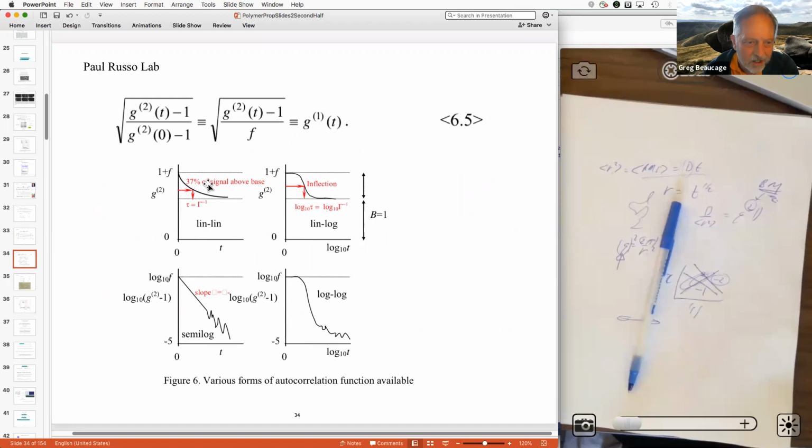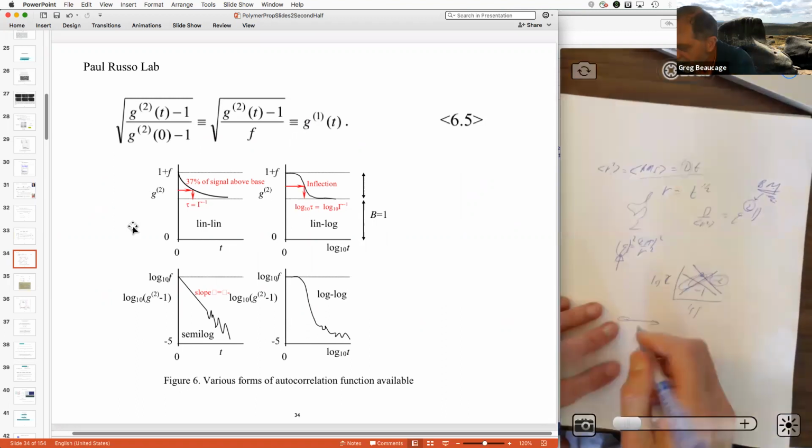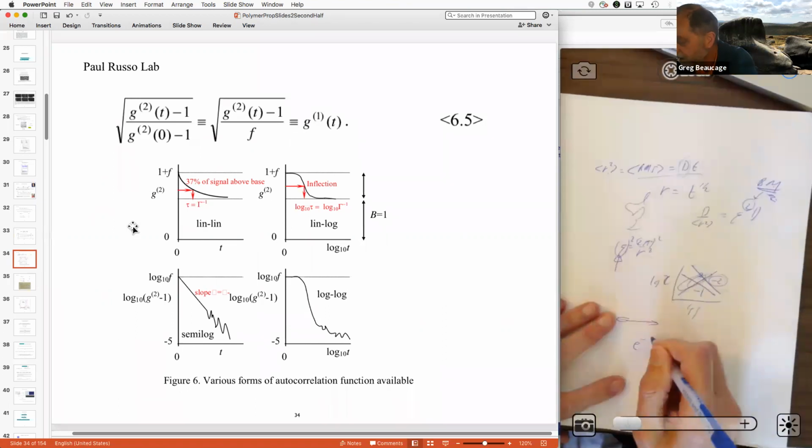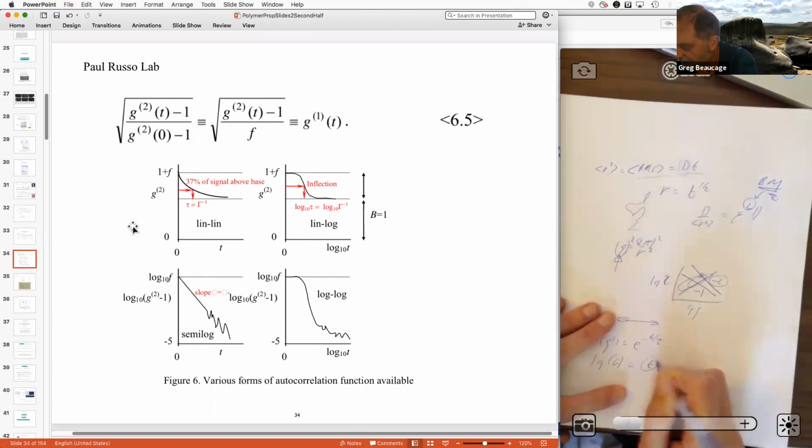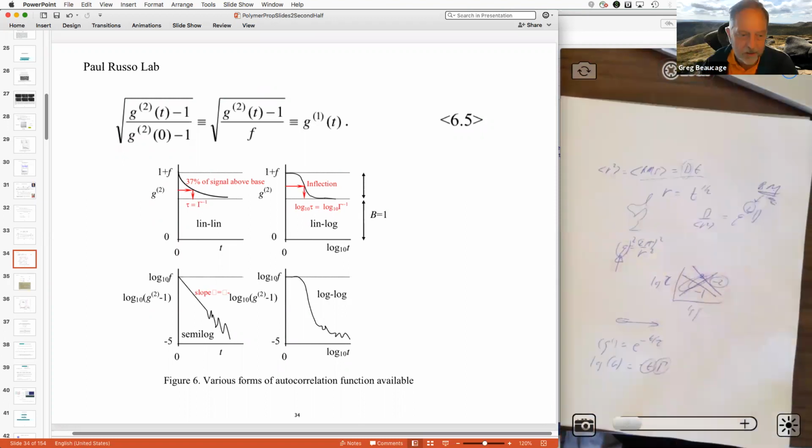This can be plotted in different ways, but since it's an exponential, e to the minus t over tau is going to be your G1 or G2, right? So you're expecting log of G to be linear in t, and this gamma is going to be the prefactor for it. If you plot log of G versus t, it'll be a straight line.